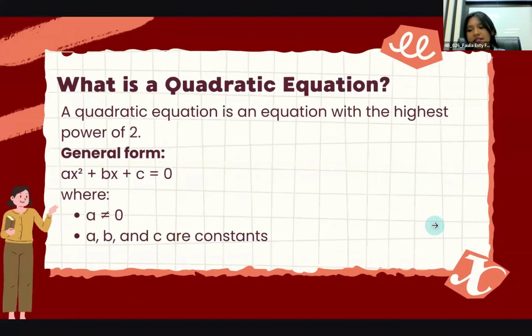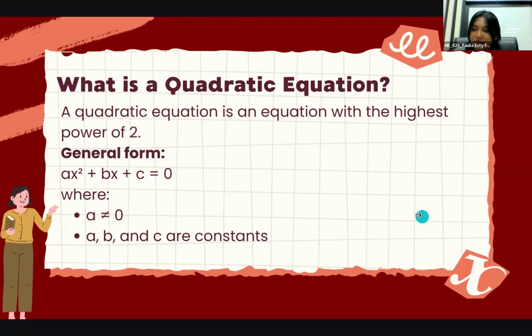Okay, first, what is a quadratic equation? Let's discuss about this. A quadratic equation is an equation with the highest power of 2. The general form is ax squared plus bx plus c equals 0, where a is not equal to 0 and a, b, and c are constants.